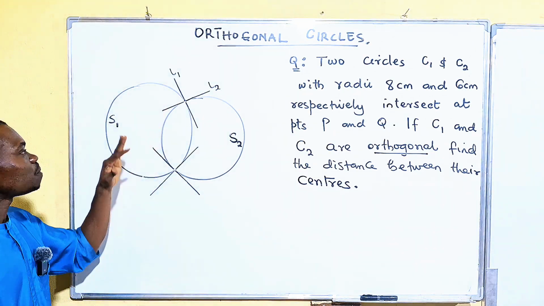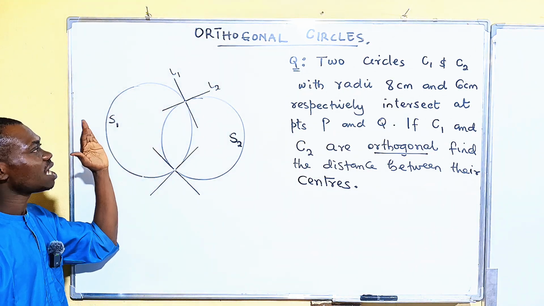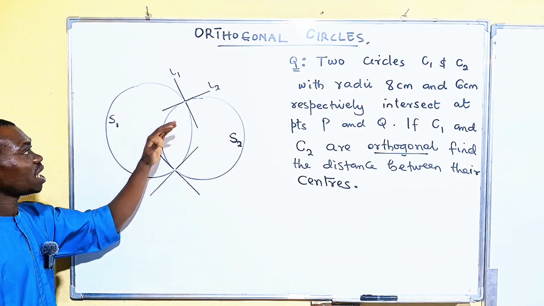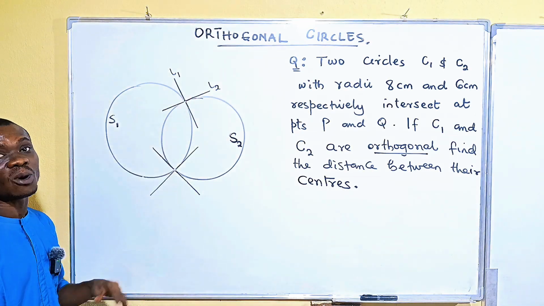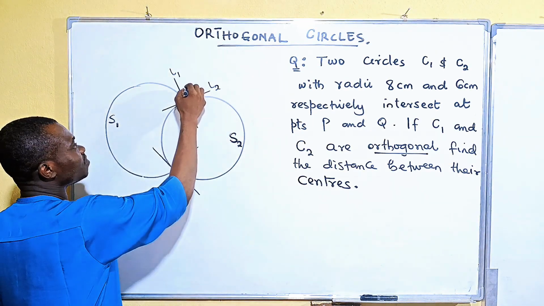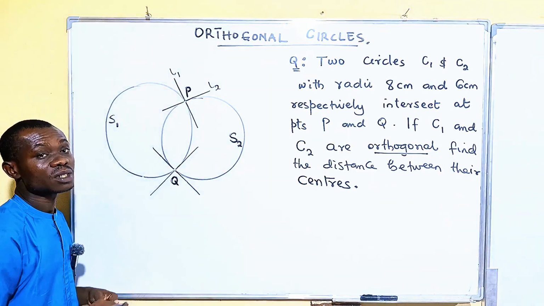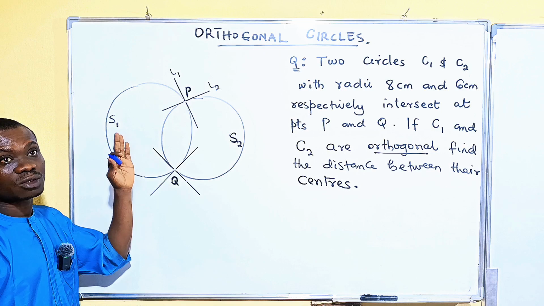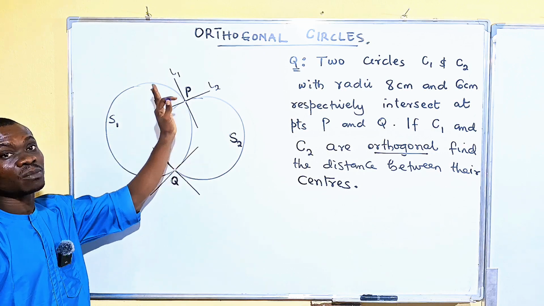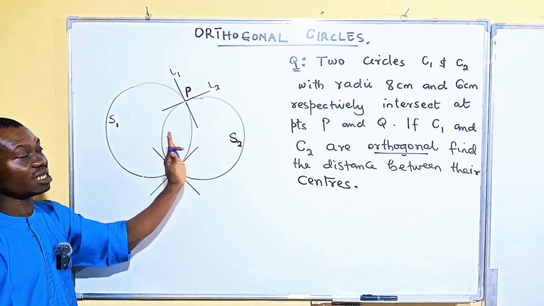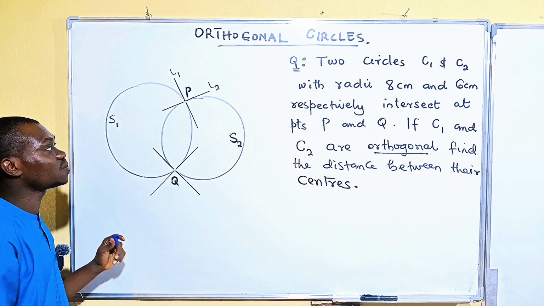First of all, here we have two circles S1 and S2, and they are meeting at a point. So let us call these meeting points P and Q. There are about two to three concepts I'm going to define on these circles intersecting at these points.